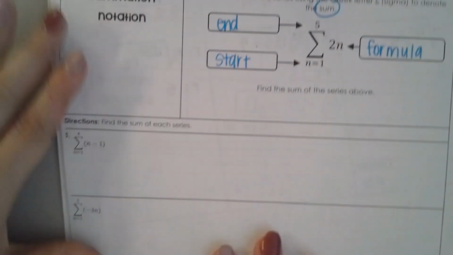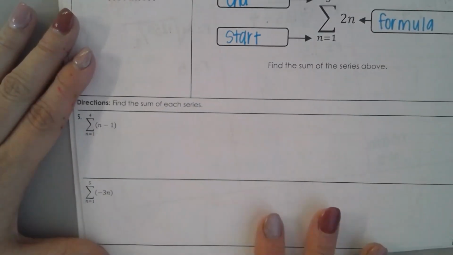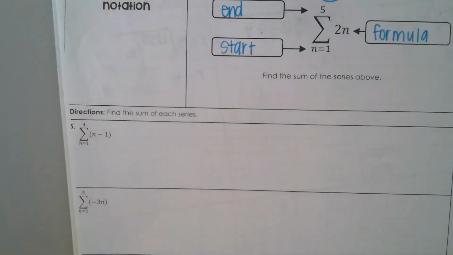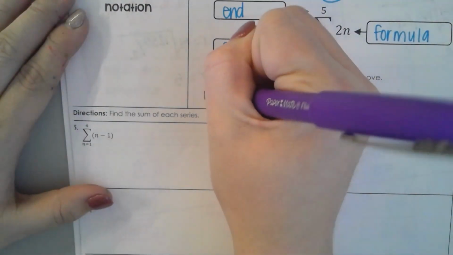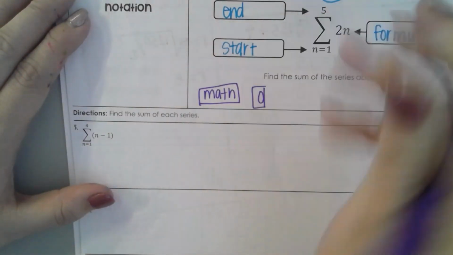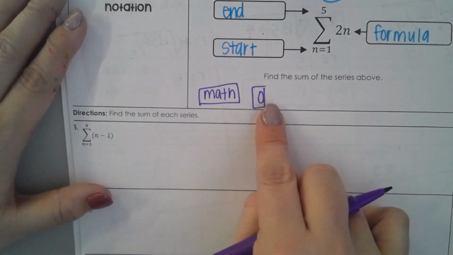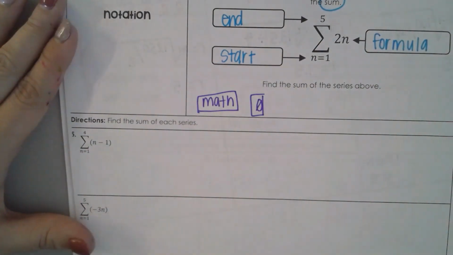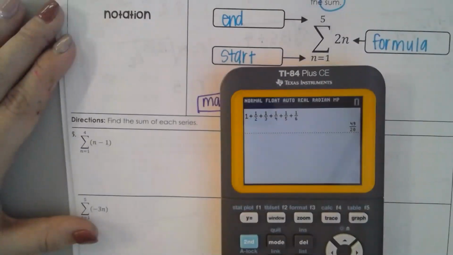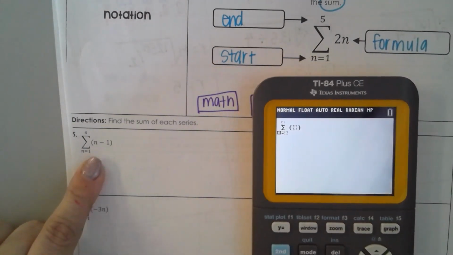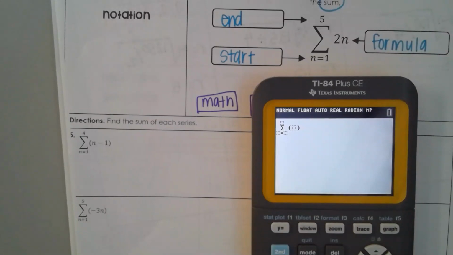So, in the calculator, we're just going to do a few of these examples. I was originally going to do them by hand, then I changed my mind. In the calculator, click Math, 0. You can hit the 0 key or you can scroll down to the 0 and hit Enter. We'll pull this up. Then we have to tell the calculator what to type in.